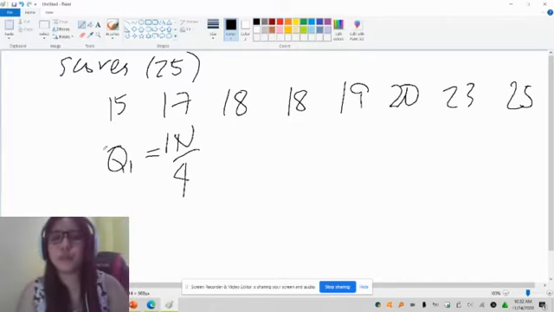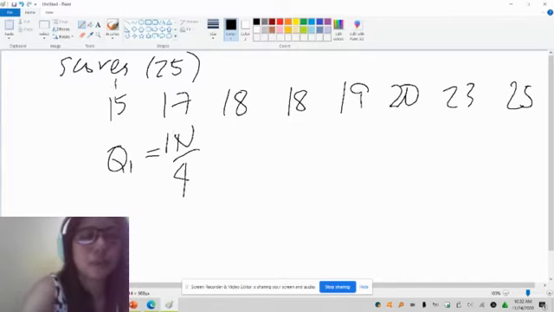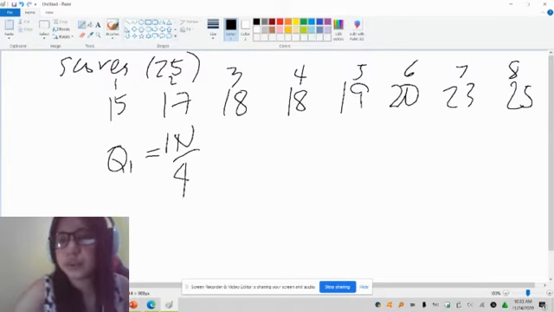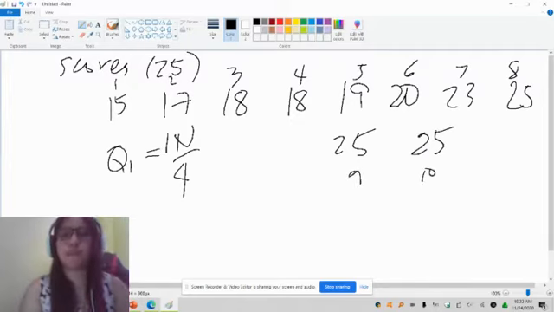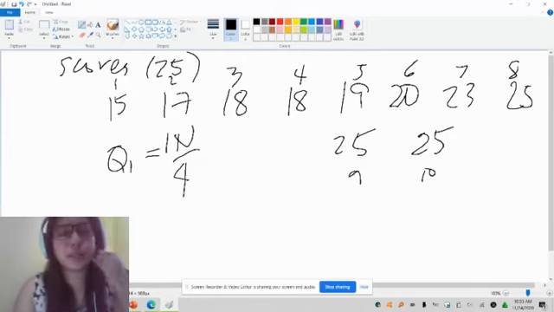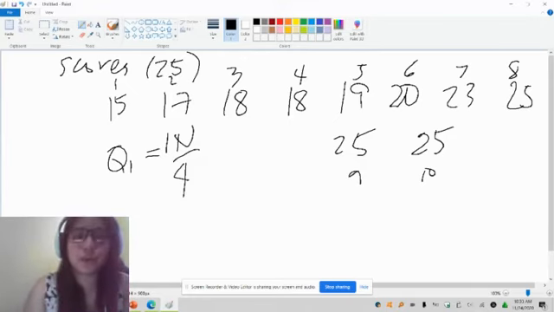To count the number of data, we have 1, 2, 3, 4, 5, 6, 7, 8. Let us add more. For instance, the scores of the 9th and 10th students are also 25, 25. Given these scores, what is 1n over 4?